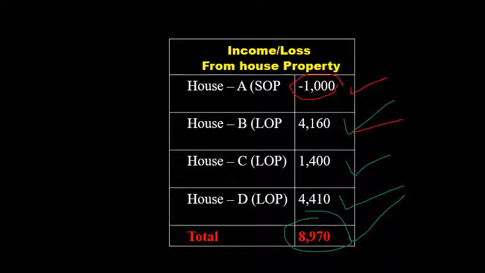But here the information is different for all the properties, so I have calculated separately, which will also help you understand easily. Again, my suggestion: whenever more houses are given, or whenever you want to calculate income or loss from house property, the last stage, calculate separately. Thank you very much.